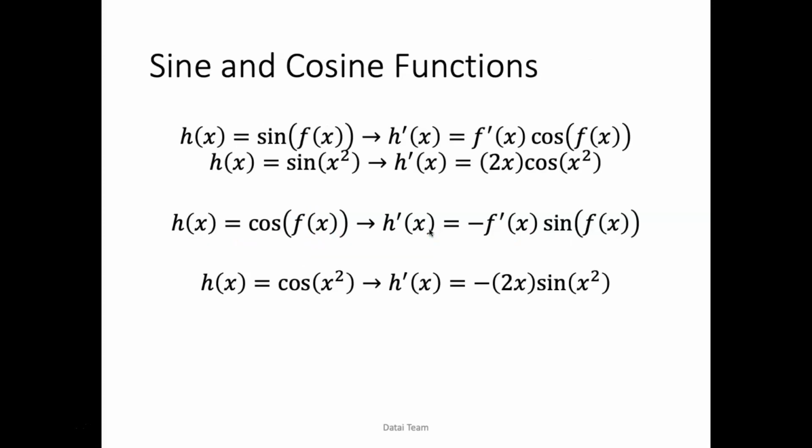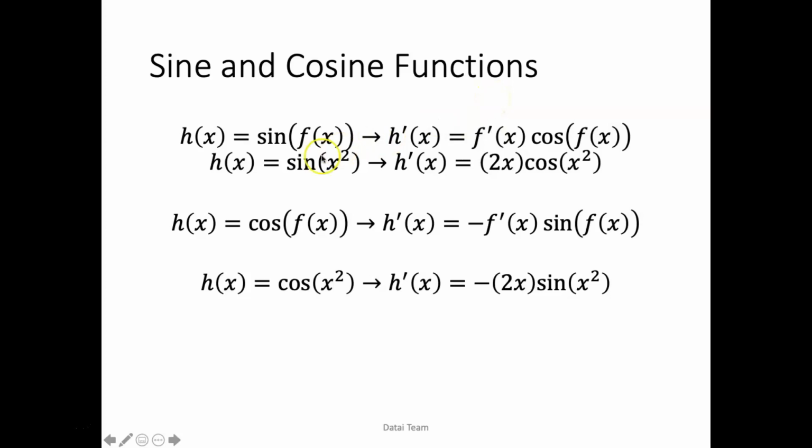And now let's continue with sine and cosine functions. Let's say that we have the sine function, we have h of x, and h of x is equal to sine f of x. Then the derivative of h of x is equal to cosine f of x times the derivative of f of x.